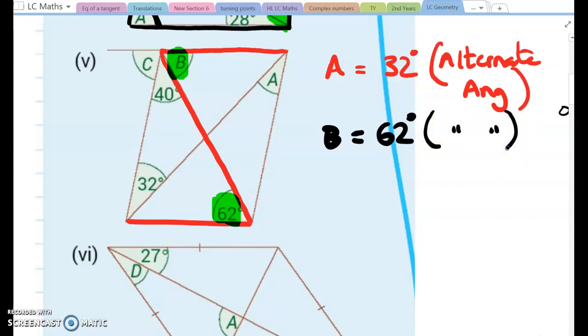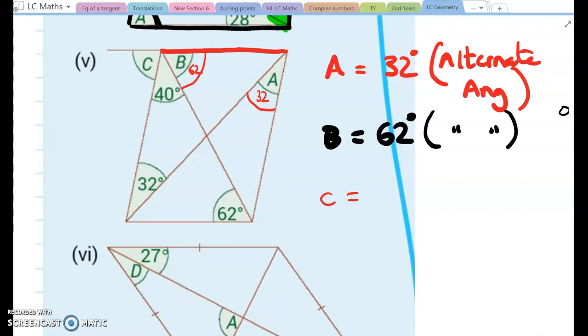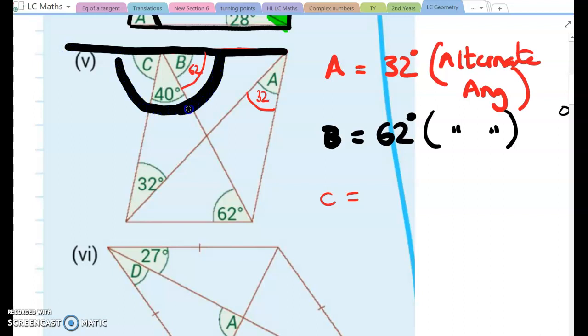Okay? Now let's delete this. So far, it mightn't be any harm just to fill in what we have. We know that this is 32, and we know that this is 62. Now, C. Let's move on to C. What will C be equal to? Well, if we just extend this line out here, we can see that all of this, because it's a straight line, all of it will add up to 180.